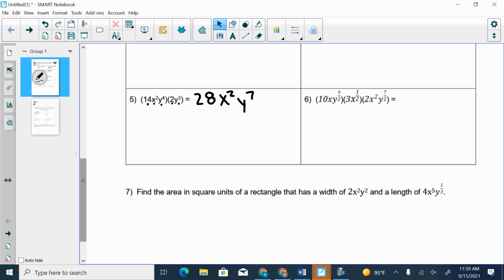And then we've got number 6. So this one's multiplying 3 terms. So again, we start with those numbers in front of the variables. I've got 10 times 3. What's that? 30. 30 times 2. Good. All right, and remember, we can only do bases that are the same, right?